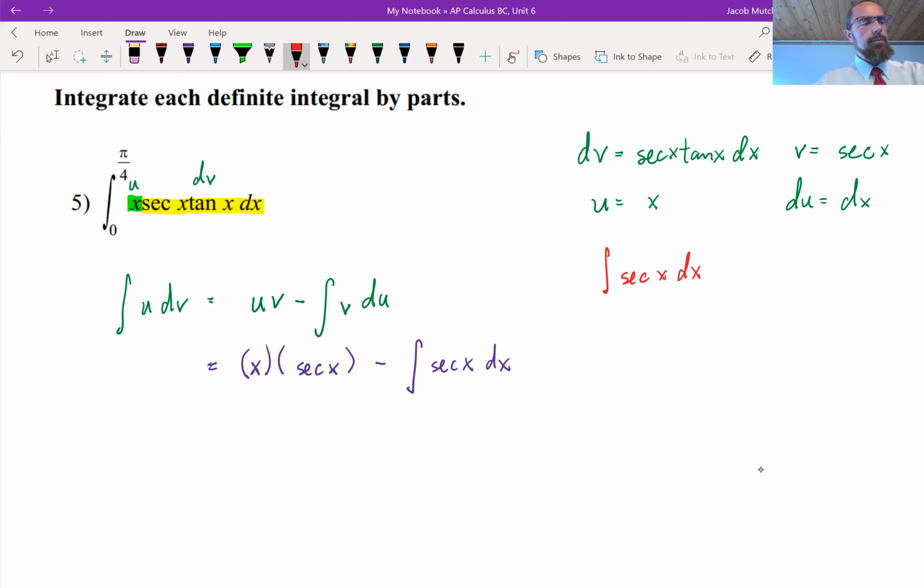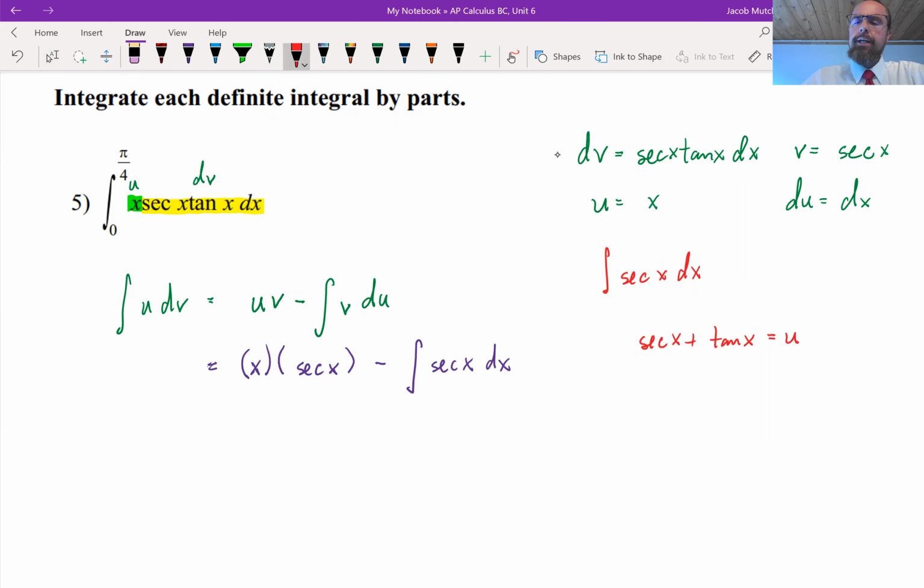And the way that we do that is we start off by just noting that if I write a sum, secant of x plus tangent of x, and if I identify that as a u, then what I can do at that point is take the derivative.